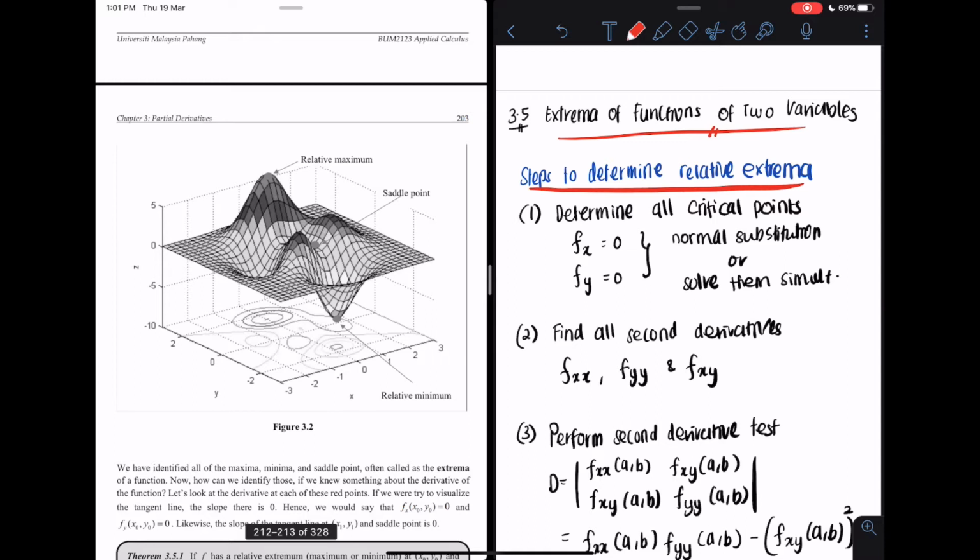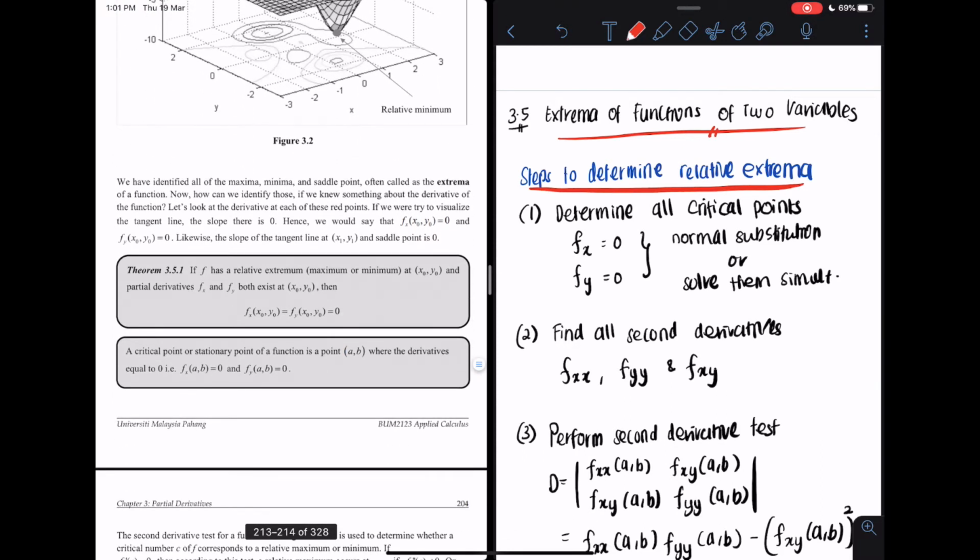So the critical point can be categorized either it is a relative minimum, relative maximum, saddle points, or no conclusion can be withdrawn from that particular critical point.